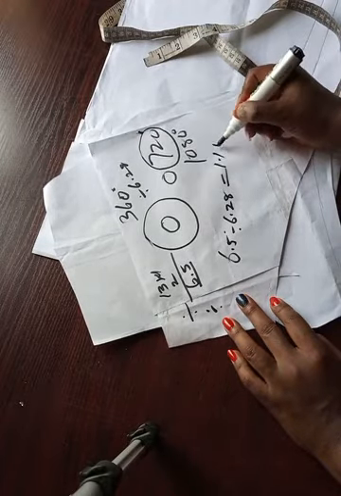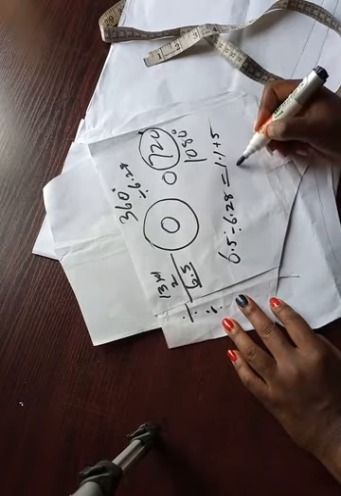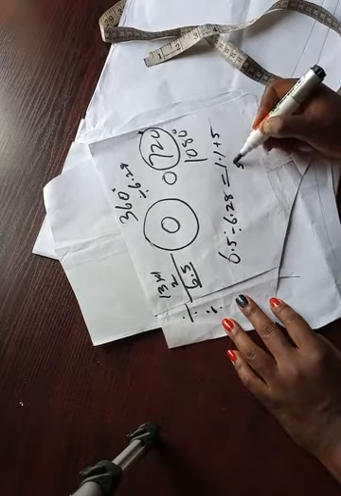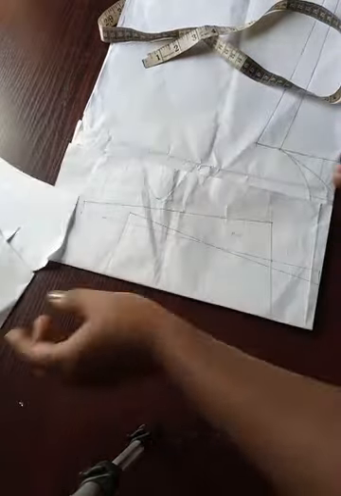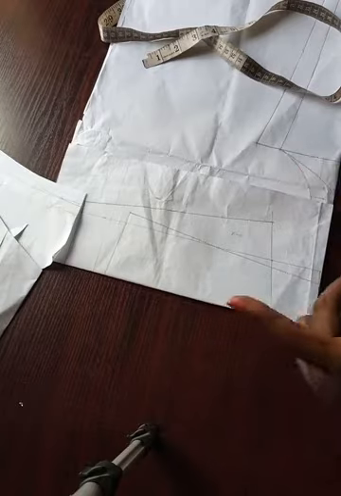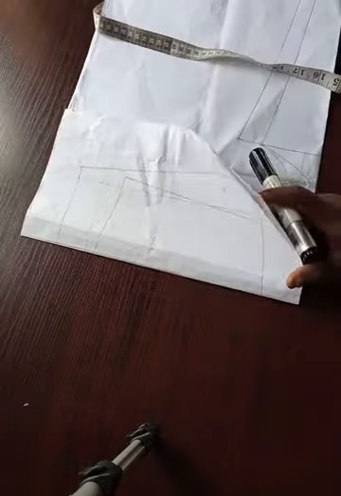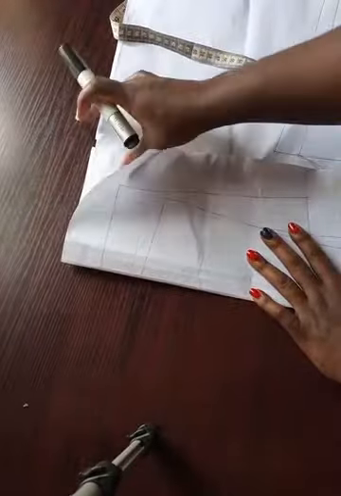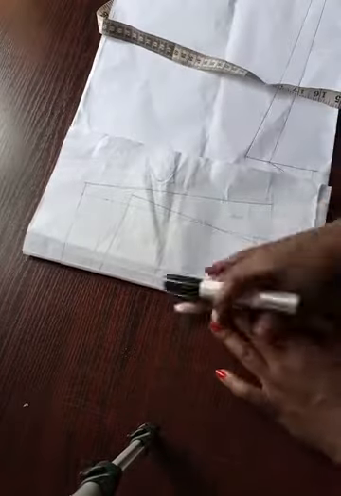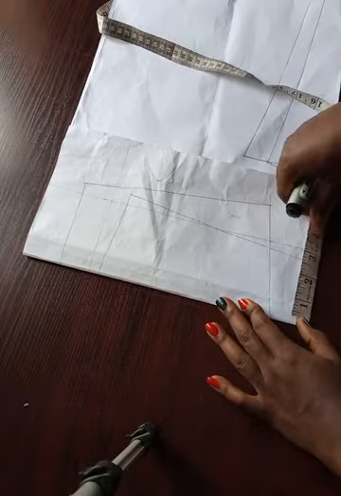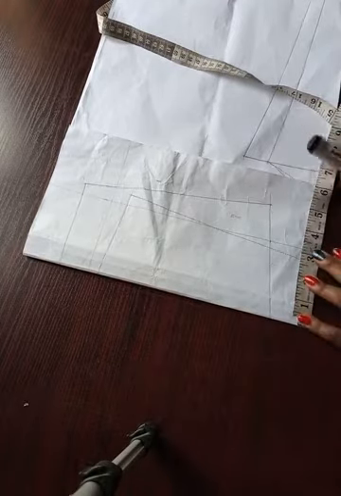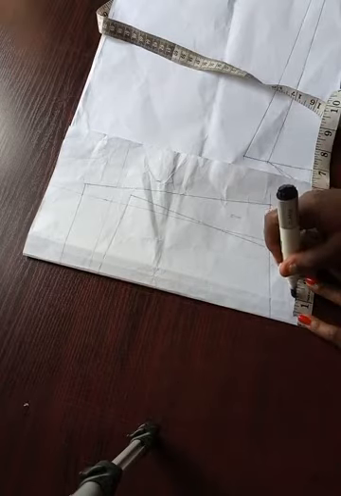Then plus the length of our skirt, and that will give us 6.1, right? So the amount of fabric we need is going to be 6.1. So my paper is on fold. This is 1, this is 2, making it 4 pieces, right? So I'm going to measure 1.1 right round.